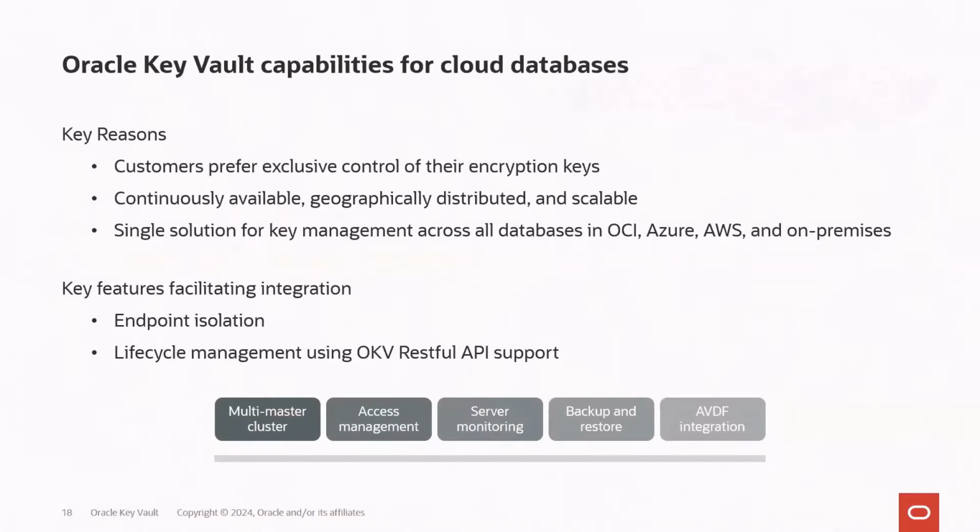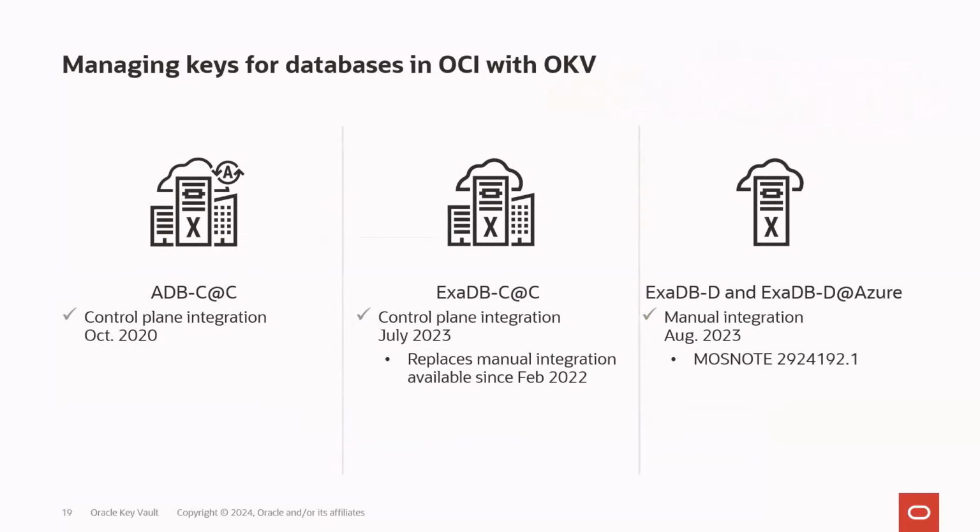Okay, cloud database integration. I talked about this earlier. We try to be everywhere where your databases are. So in Autonomous Database Cloud at Customer, OKV was integrated into the control plane in October 2020. For ExaDB Cloud at Customer, we had a manual integration available in February 22.